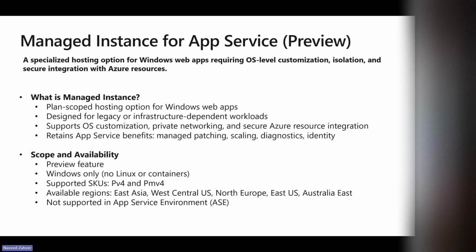But in certain scenarios, you have apps that are written by developers who may have left the company. They're using the classic framework like .NET Framework 4.8 or 3.5, or they may be using access to certain things like GAC. They may be using registry access. They may be using access to C:\Windows, basically the Windows file system.